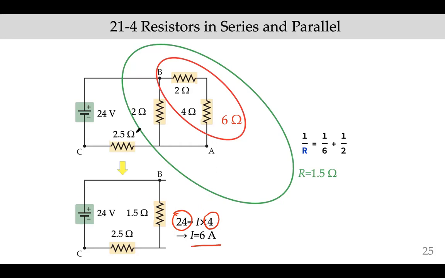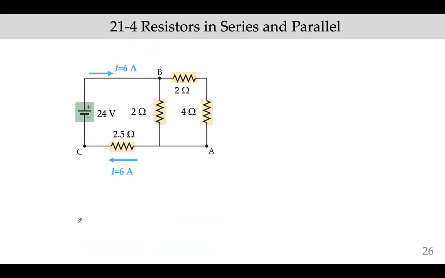Again, that 6 is not necessarily going through each of these. It's 6 amperes that comes out of or goes into this battery. So let's put that 6 amperes on here.